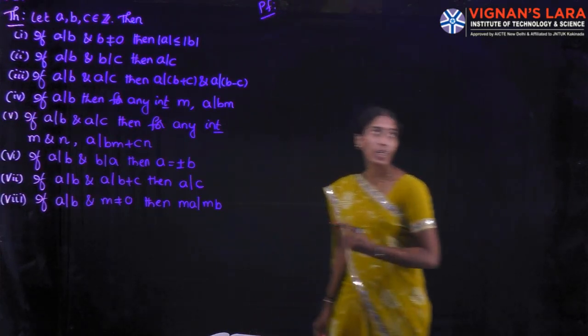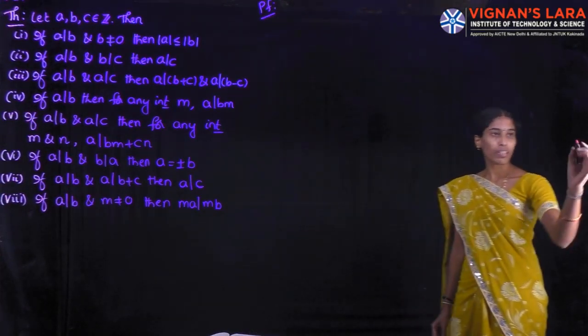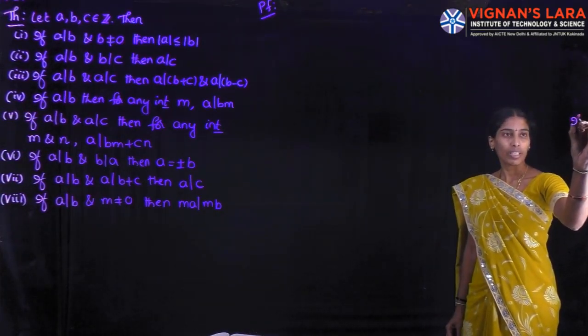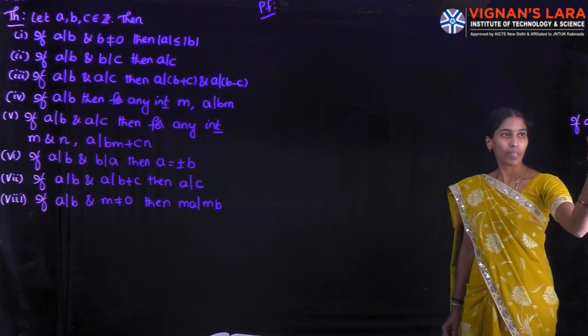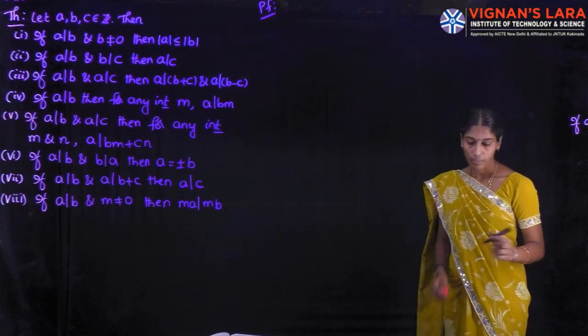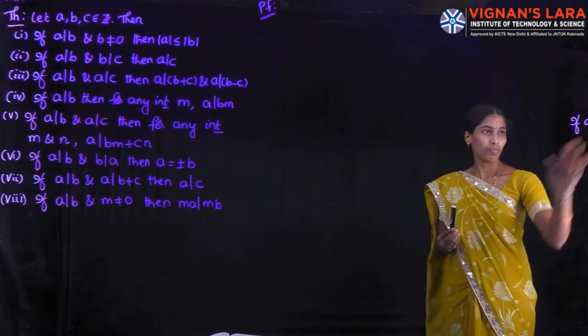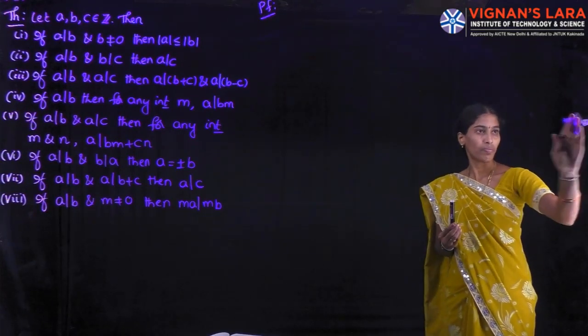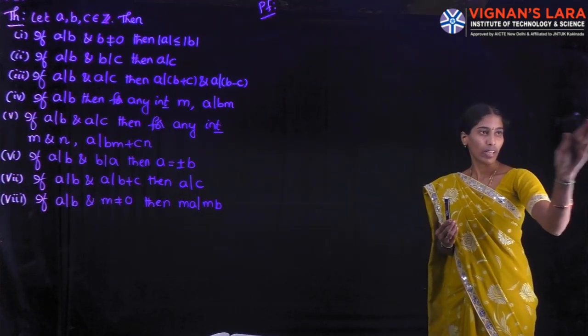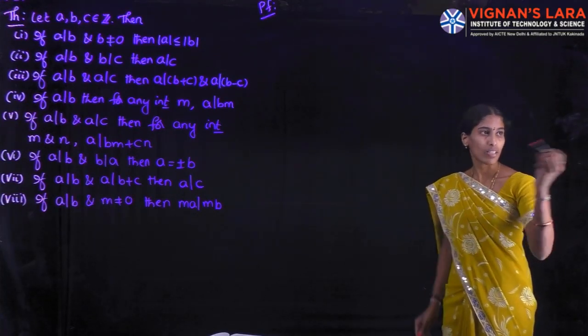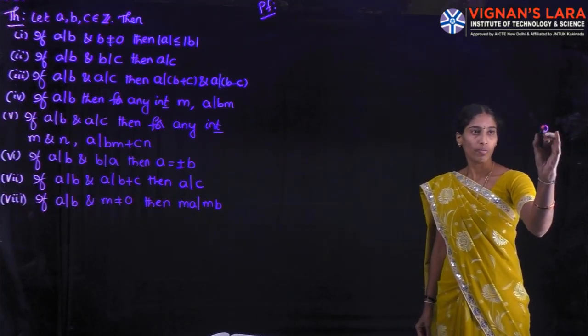Before going to the proof, you need to remember this definition. If A divides B, I will write here because it is not visible.